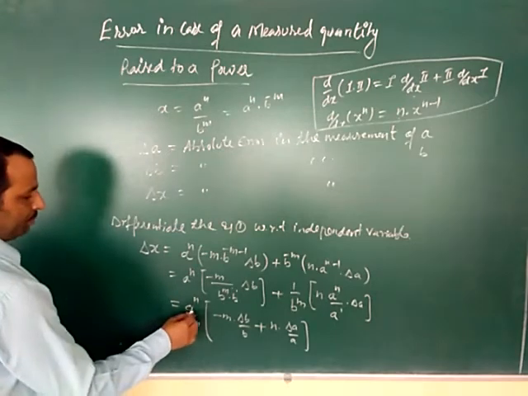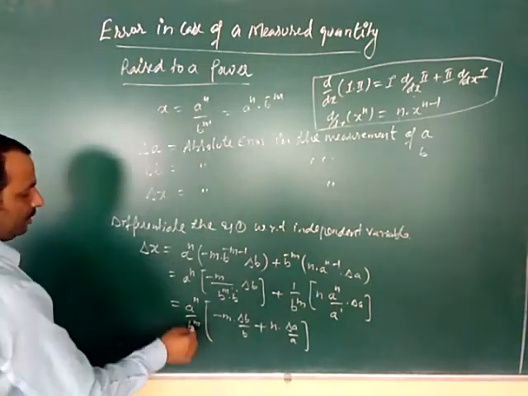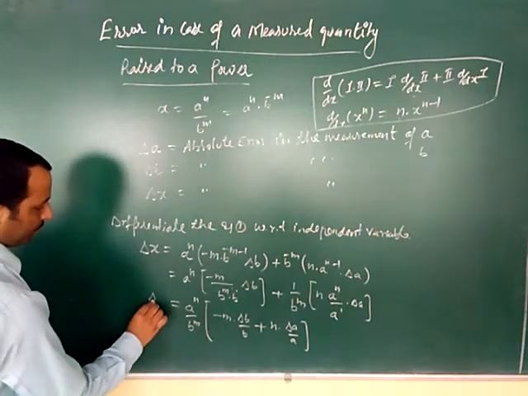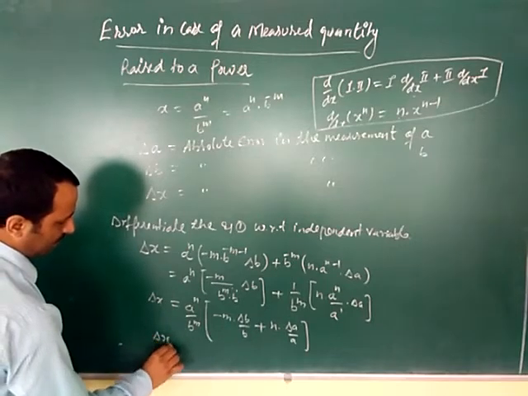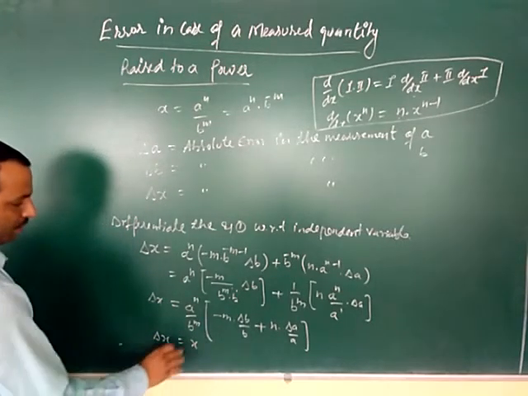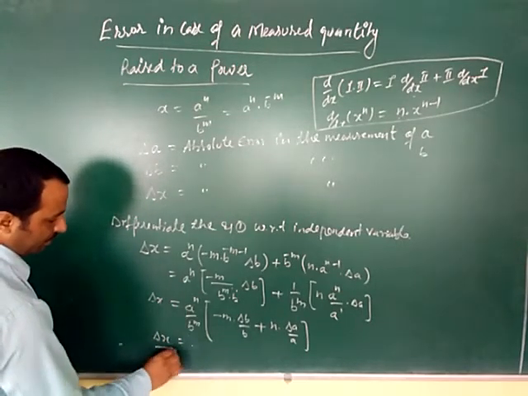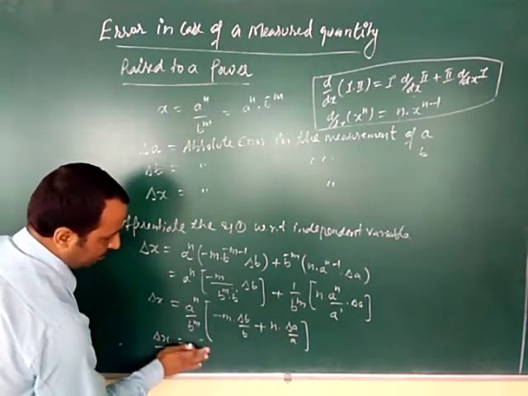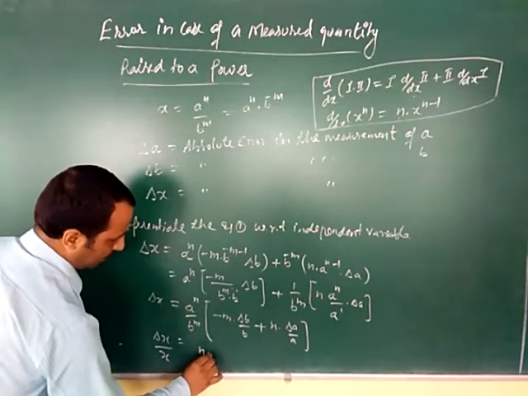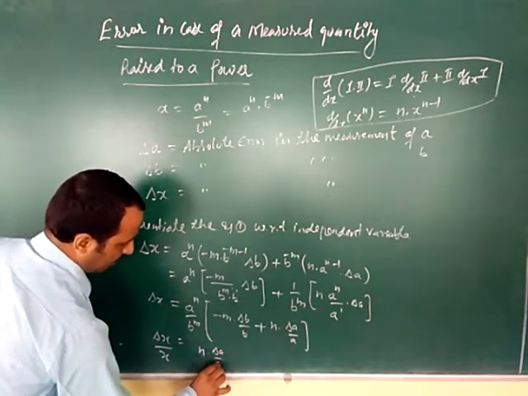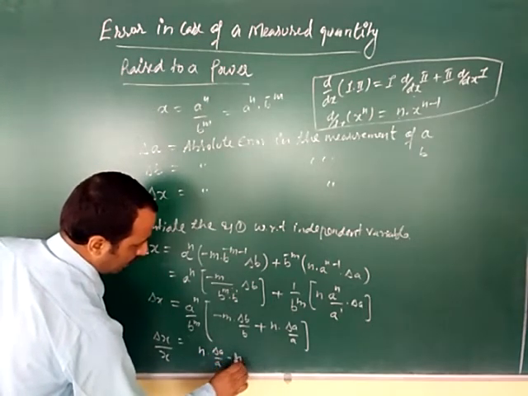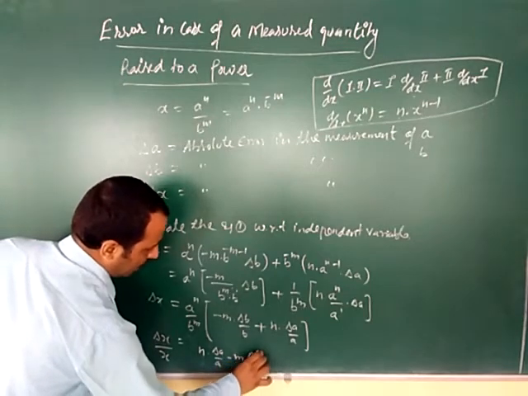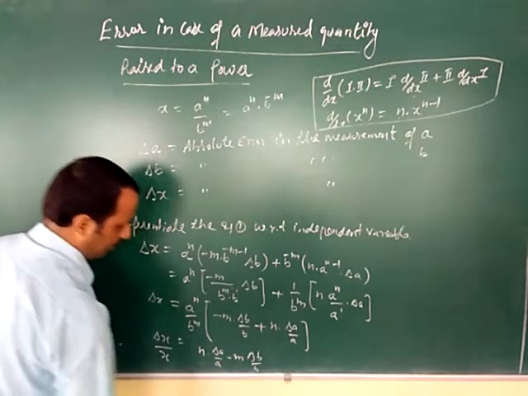So a to the power n upon b to the power m, that is equal to x. So delta x is equal to x, or we can divide here. So can we write like this, n into delta a upon a minus m into delta b upon b.